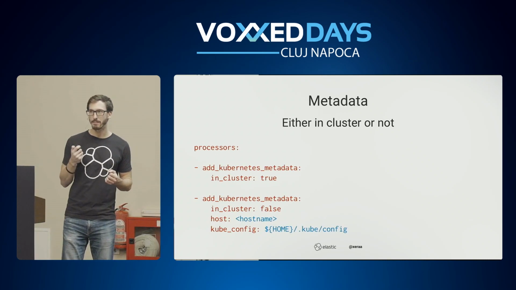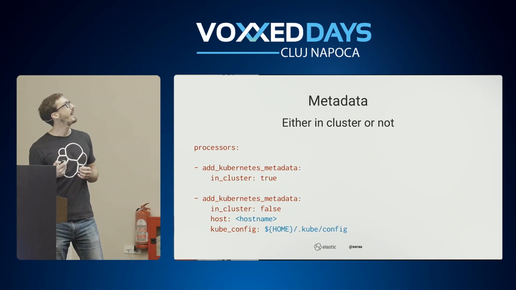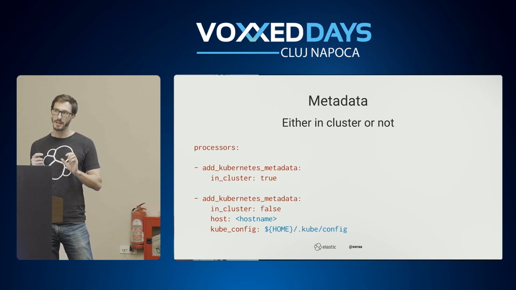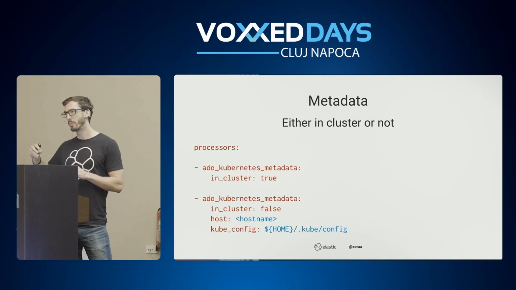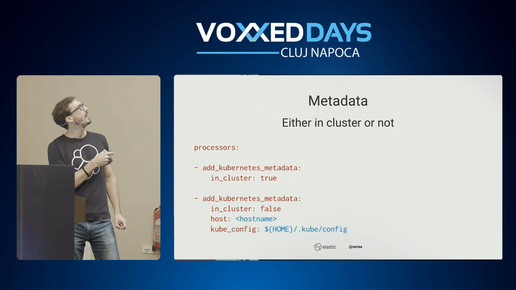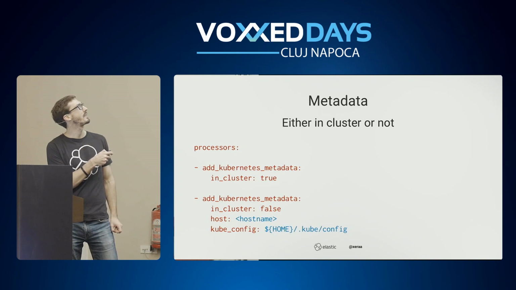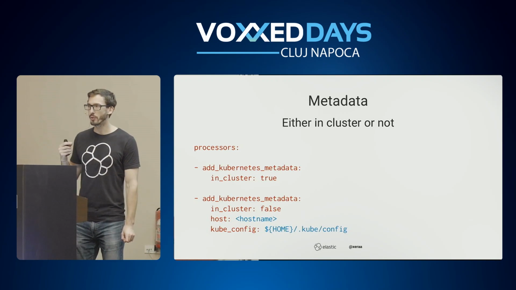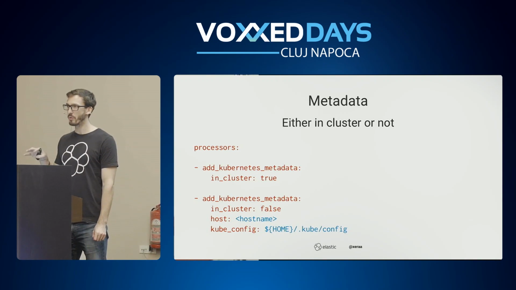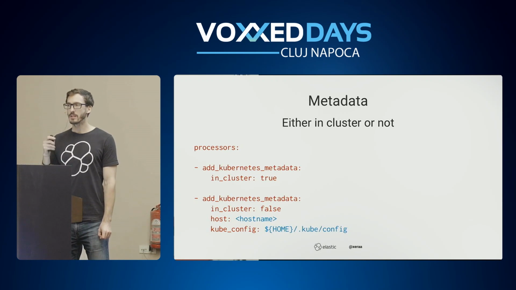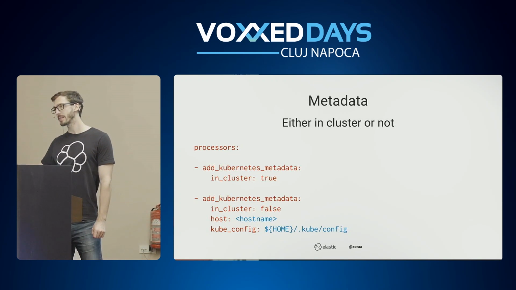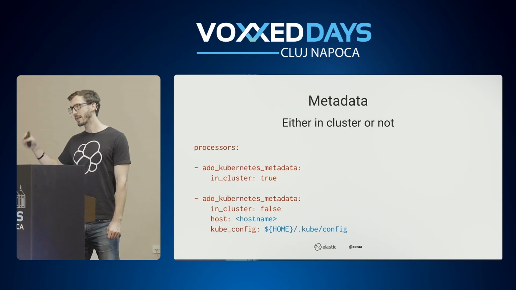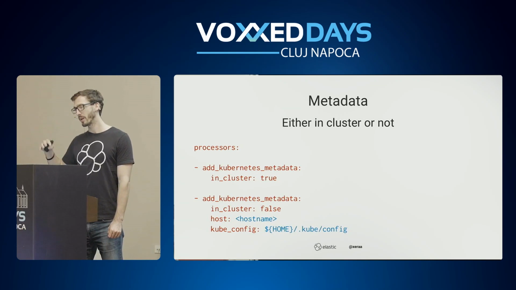You can also get metadata from your Kubernetes cluster, and if your Filebeat is running as part of the Kubernetes cluster, you could just say, hey, you're part of the Kubernetes cluster, get the metadata. If you install Filebeat on the host, for example, because you don't want to run it as part of Kubernetes, it could still connect to the Kubernetes API to get metadata of whatever you have running.